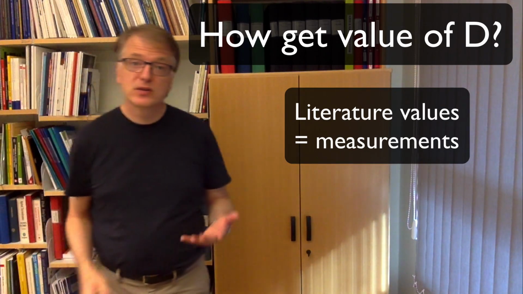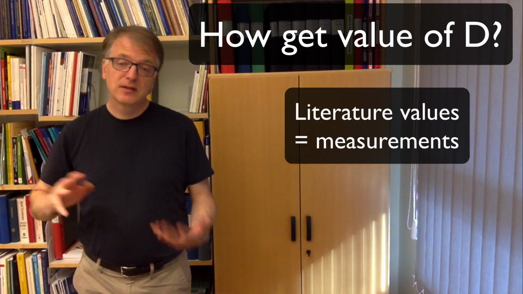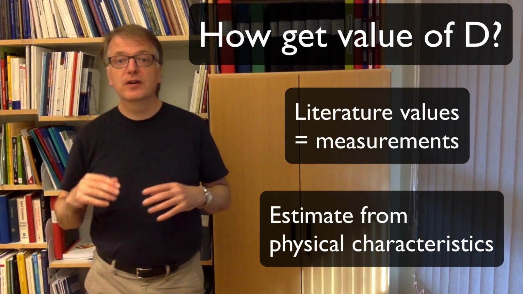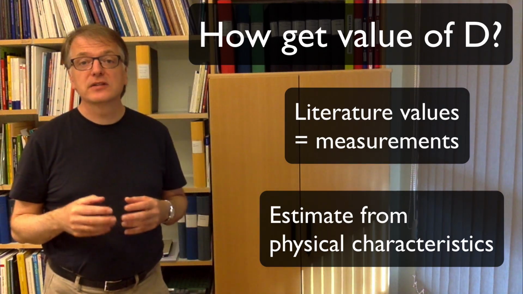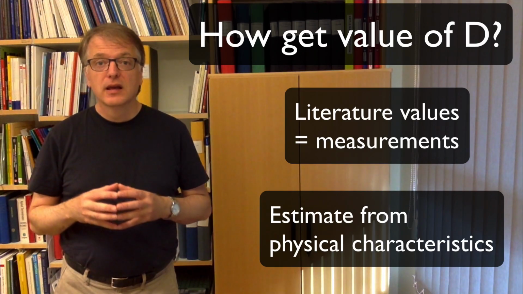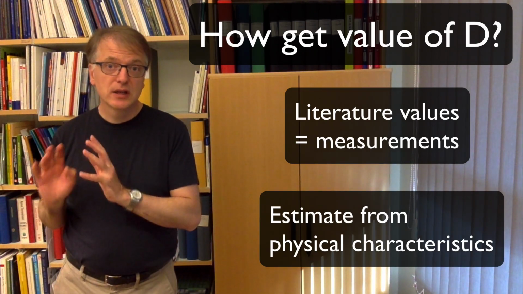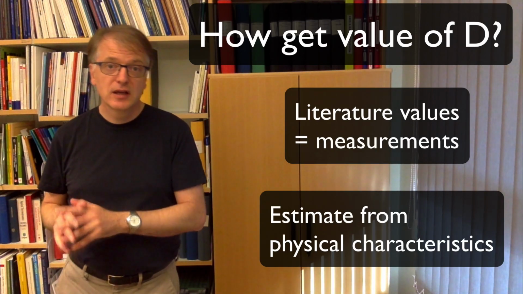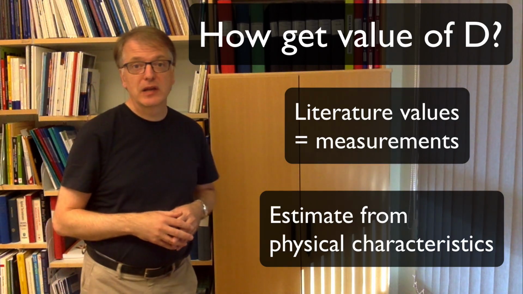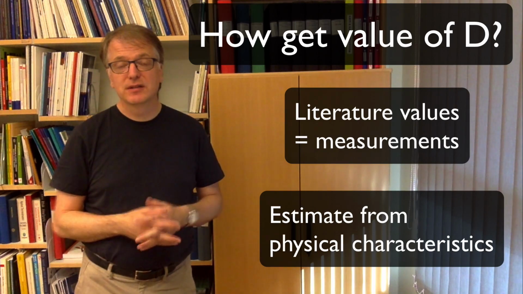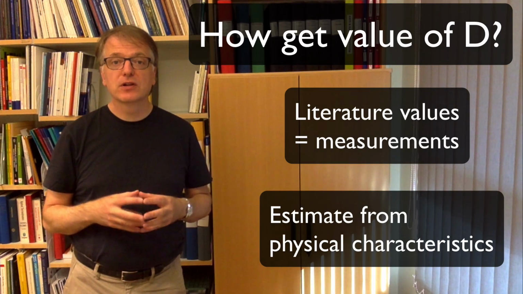But another thing you can do is to estimate the diffusivity based on different physical characteristics. And we will do both in this course. We will do one compulsory task with determining diffusivity, and we will do a lot of calculations where we estimate the diffusivity from physical characteristics.